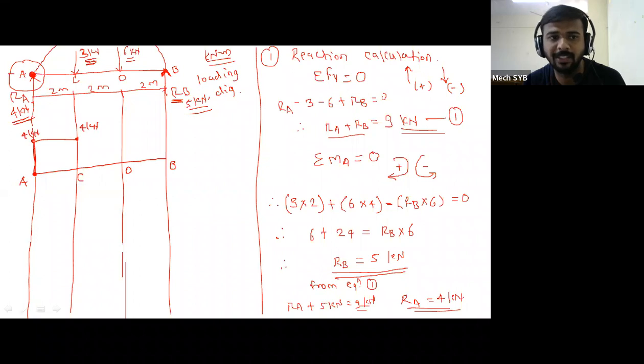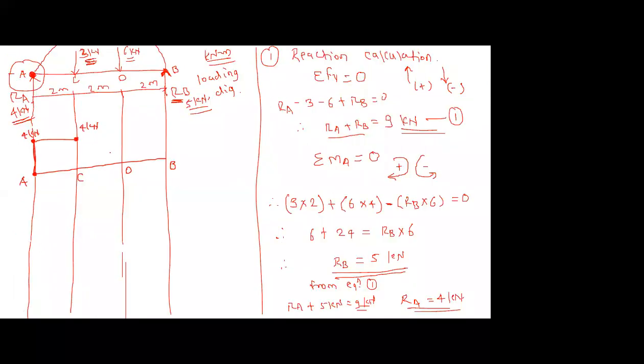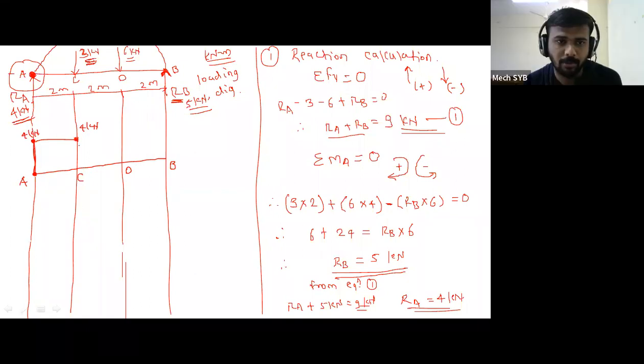Where there is 4 kilonewton, I continued the same line up to point C, because the load is constant. Then SF at point C with load, what is the value? 1 kilonewton. Will the line go down or up? Up, in the positive region only, it is somewhat downward. It is 1 kilonewton like this. So at point A you get 2 points, one is 0, another is 4 kilonewton. At point C also you get 2 points, one is 4 kilonewton, another is 1 kilonewton.